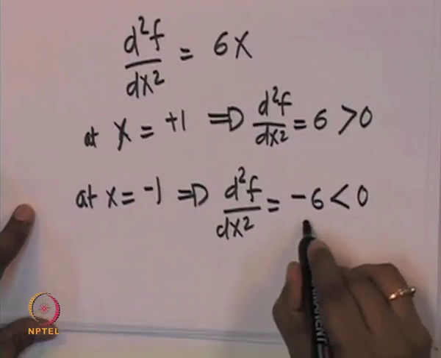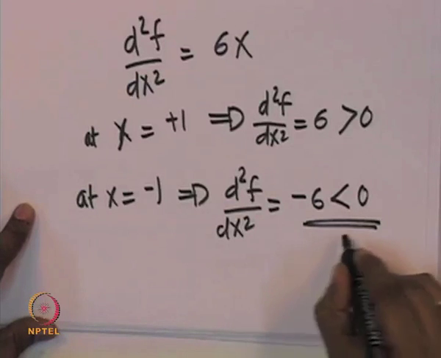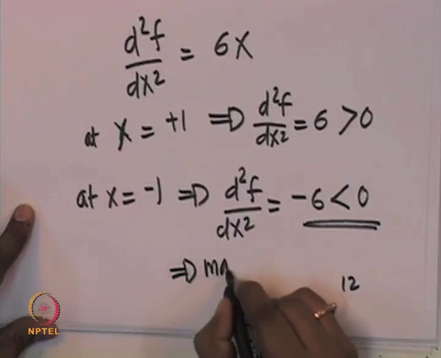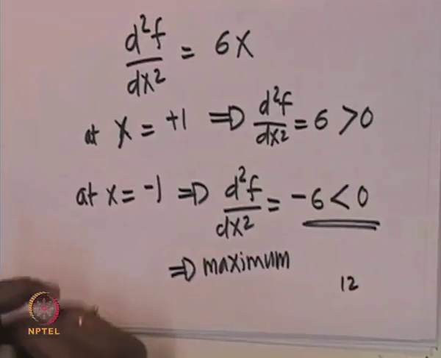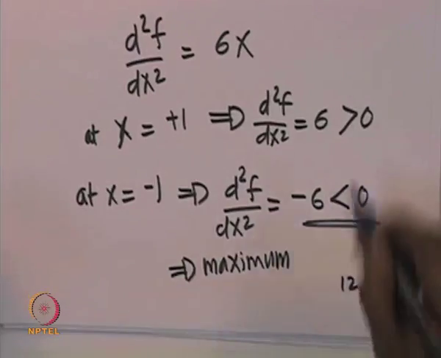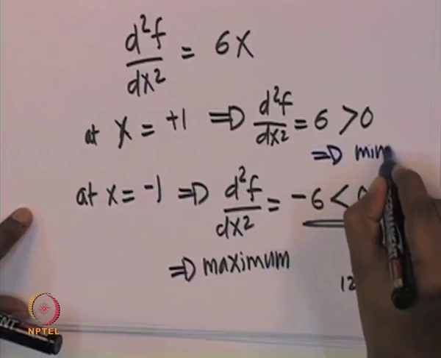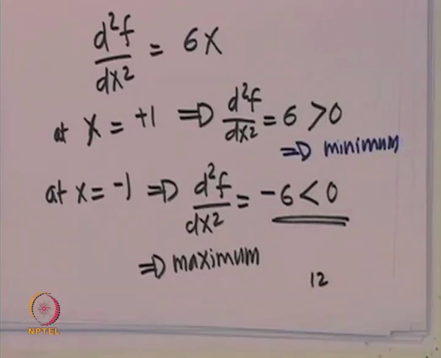If it is less than 0, this implies that it is a maximum. So, as we learned, at x equal to plus 1 we have a minimum, and at x equal to minus 1 a maximum.